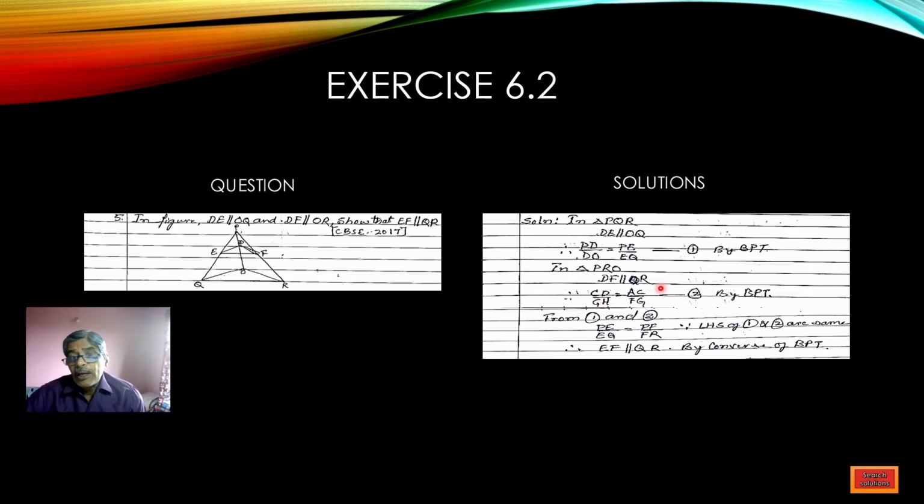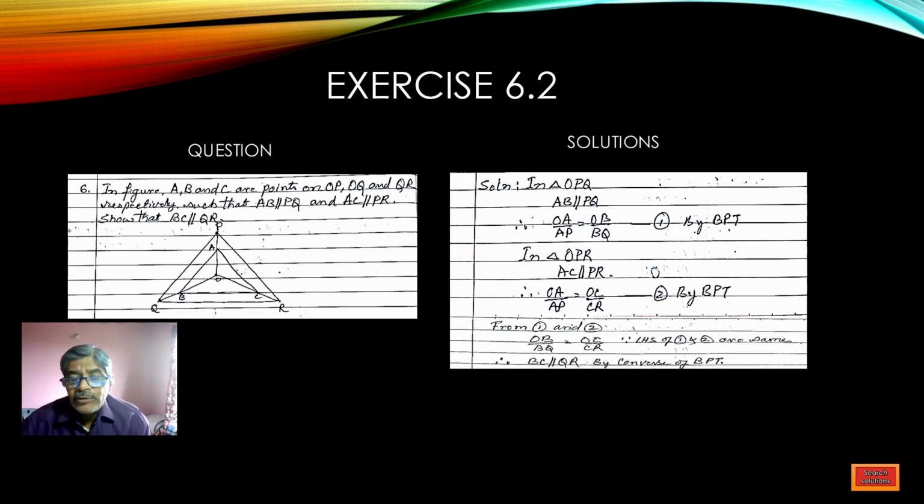So DF is parallel to OR, therefore PD by DO is equal to PF by FR, which is 2, by basic proportionality theorem. From 1 and 2, we will get this ratio PE by EQ is equal to PF by FR, because LHS of 1 and 2 are the same. Therefore, EF is parallel to QR by the converse of basic proportionality theorem.